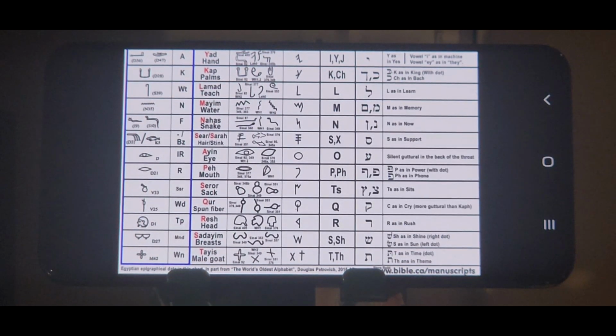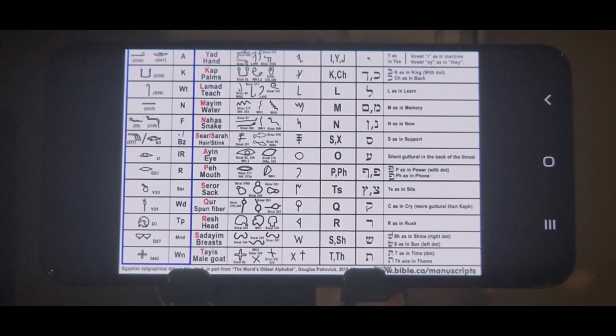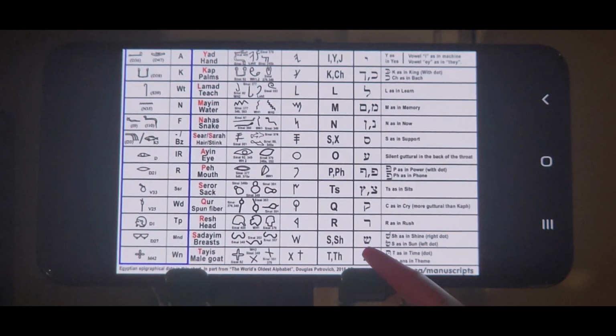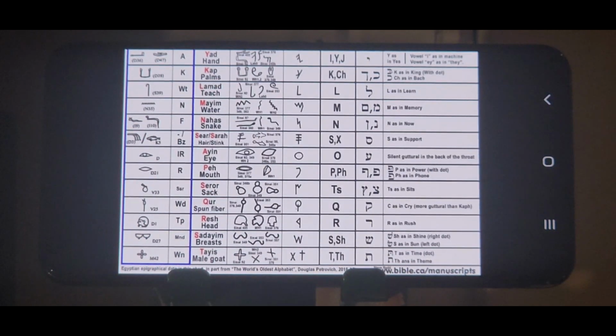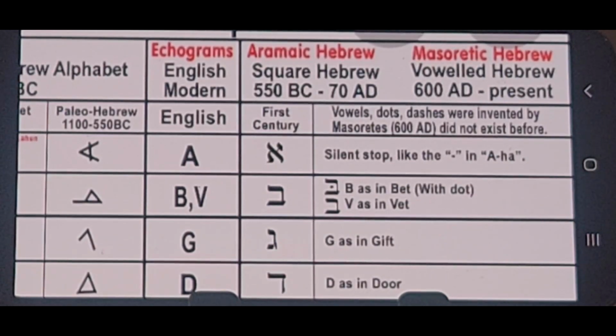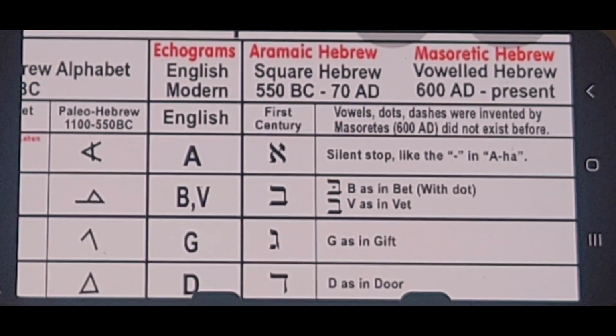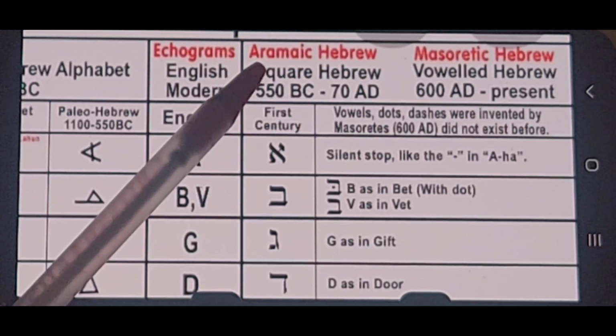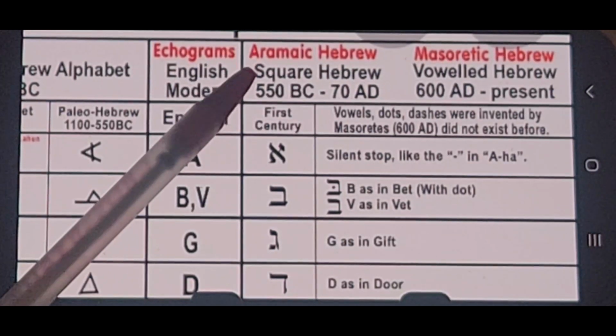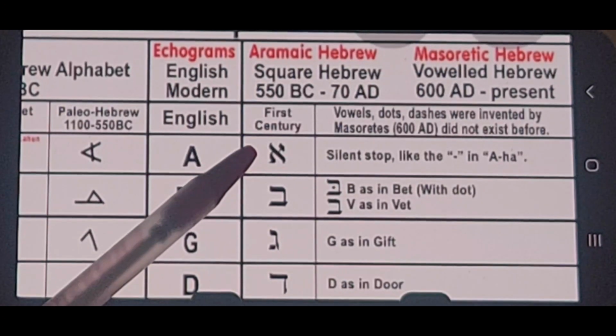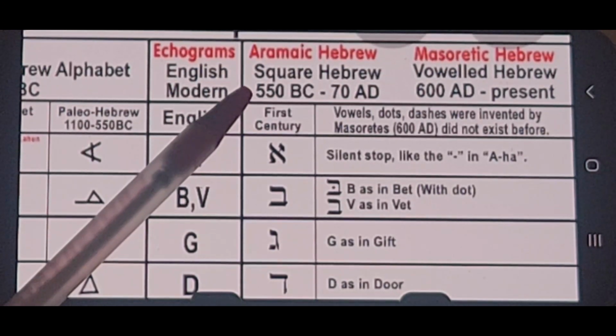But we are dealing today with the modern Hebrew form, which has been in use since about 550 BC until the present time. I'm sorry, it was not David Petrovich that developed this chart. It was Douglas Petrovich, and we're very grateful to him for that. Here we see the Aramaic square Hebrew form, which we are using today, which has been used from 550 BC to the present.